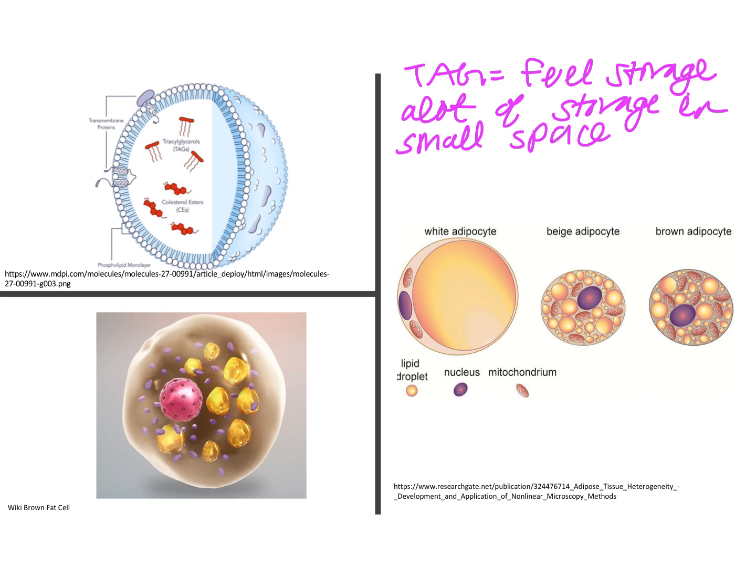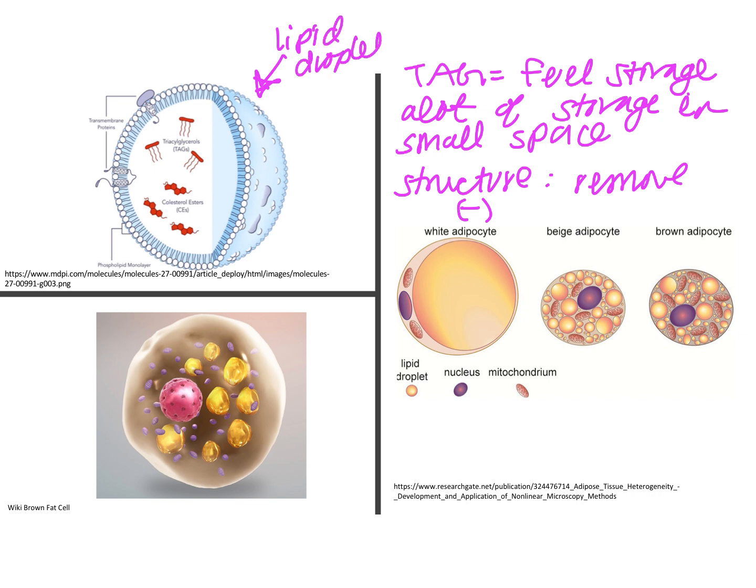So in their structure, they remove the negative charge so that they fit inside of what's called a lipid droplet. And a lipid droplet is just a really fancy way to say a vesicle that holds TAGs.